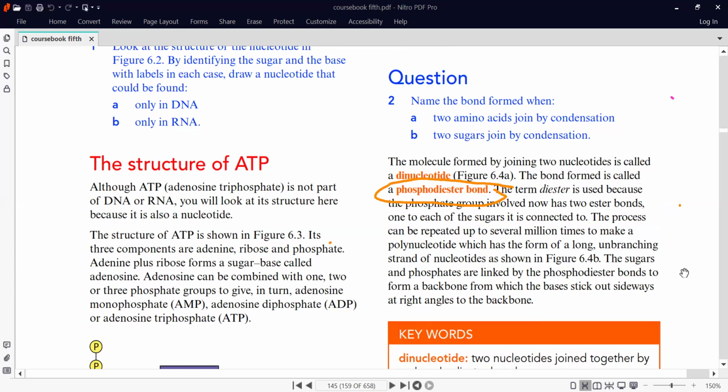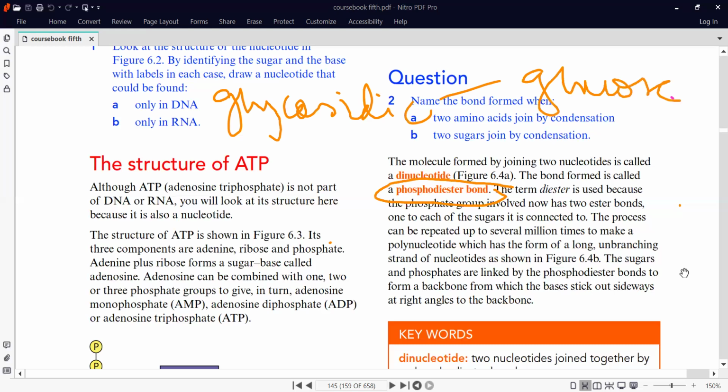In carbohydrates, we have the glycosidic bond. In amino acids or proteins, we make the peptide bond.